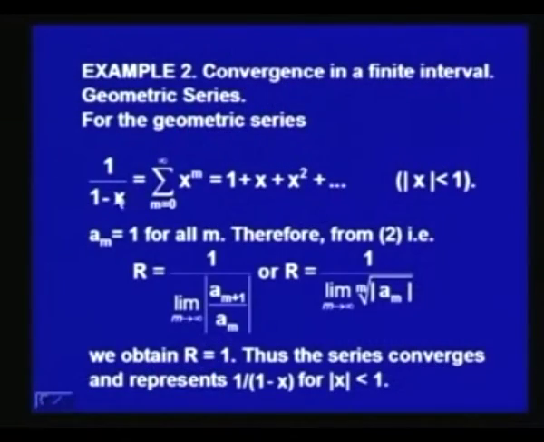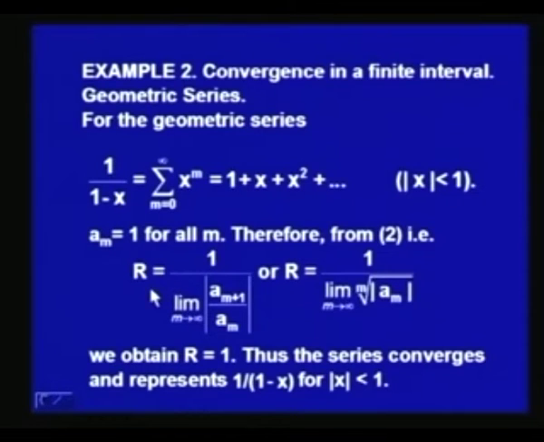Next, we take an example of the series which converges in a finite interval. Let us take the case of a geometric series. For the geometric series 1 over 1 minus x, which can be expressed as 1 plus x plus x square and so on, the interval of convergence is given by mod of x less than 1, that is the open interval minus 1 to 1, because here a_m is equal to 1 for all values of m.